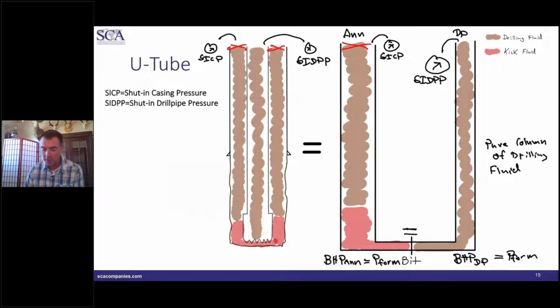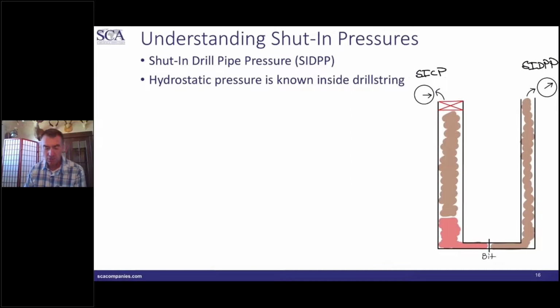So I have this column of fluid on the right and the column of fluid on the left. The hydrostatic pressure of the column of fluid on the left plus the shut-in casing pressure is equal to the hydrostatic pressure of the column of fluid on the right plus the shut-in drill pipe pressure. And we'll look at that a little closer going forward. Okay, so let's look at just the shut-in drill pipe pressure.